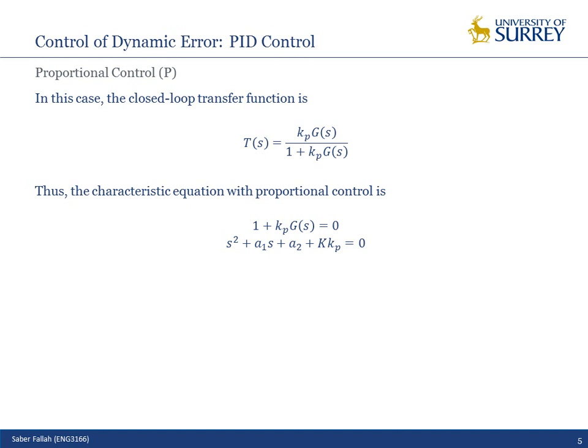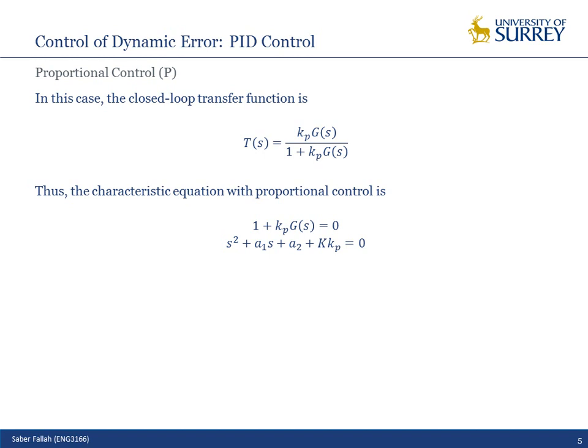If I have just the DC motor, omega n was root A2 and the damping ratio was A1 over 2 root A2. For the new one, what's the natural frequency of the system? Root of A2 plus K Kp. Omega n is root A2 plus K Kp.